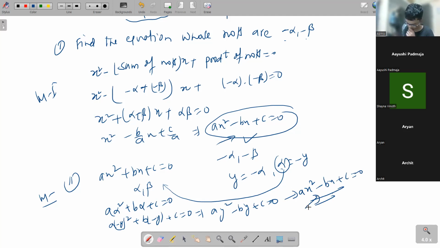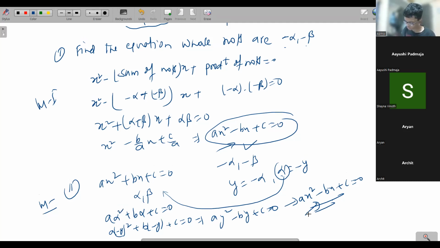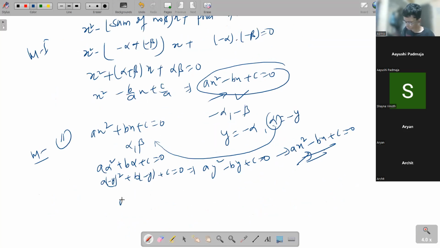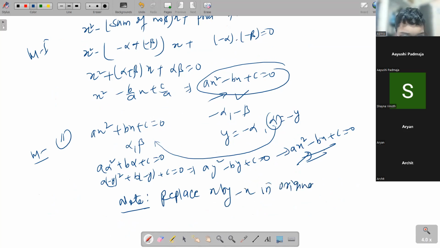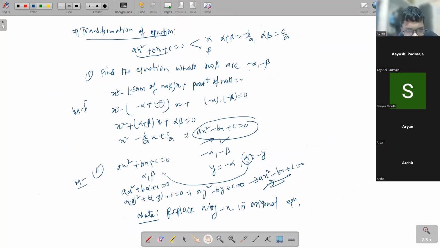So if roots are alpha and beta, and you have to find the new equation whose roots are minus alpha and minus beta, just replace x by minus x in the original equation. Note it down. But don't try to remember, try to understand.